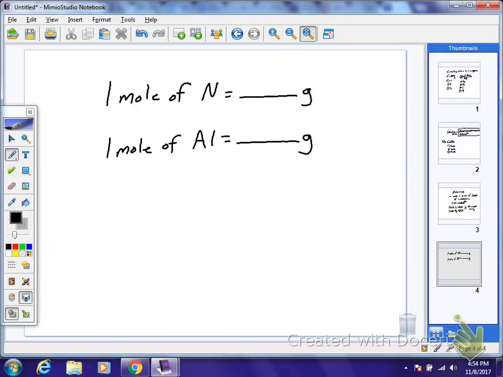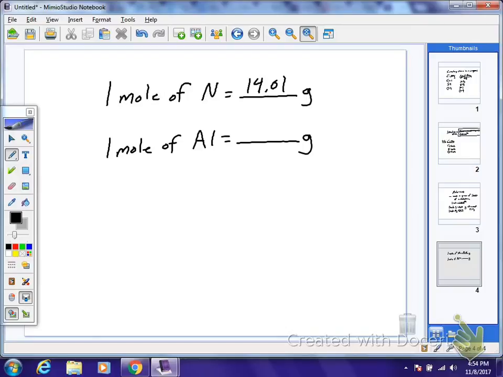So go ahead and look. Find nitrogen. There should be an atomic weight. It's a number that's a decimal. When you take a look at nitrogen, it would be 14.01. And that's how many grams are in a mole.